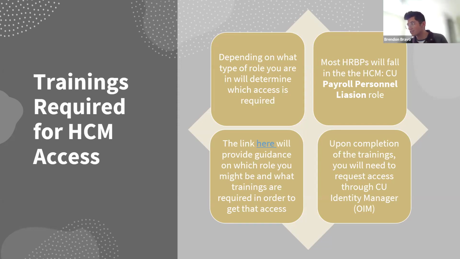Upon completion of the trainings, you'll need to request access through CU Identity Manager, also known as OIM. Once you finish your trainings, it typically takes between 24 and 48 hours to show up in the OIM database. If you submit your access request right away, it might not read and you might get a denial pushback. If you do get that, just wait a day and resubmit it, and then they should be able to see that and get your access over to you.